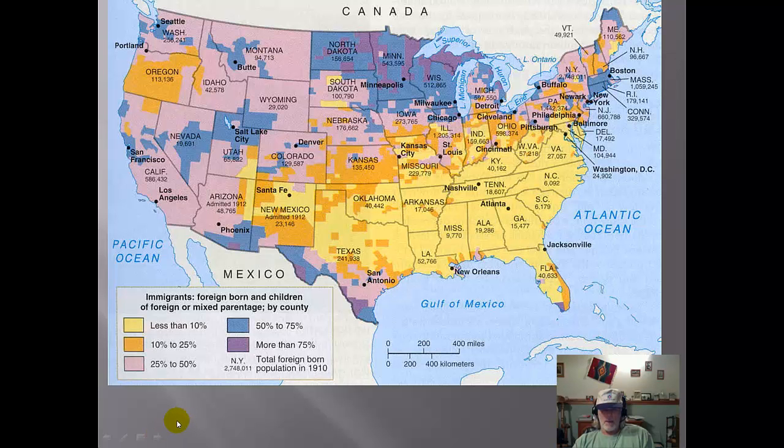Here's a map which shows the population of immigrants, foreign-born and their children. You can see down south it was very agricultural, not as much as in the industrial states and out west, where they tried, with the Homestead Act, to get people to migrate. This map shows that graphically.